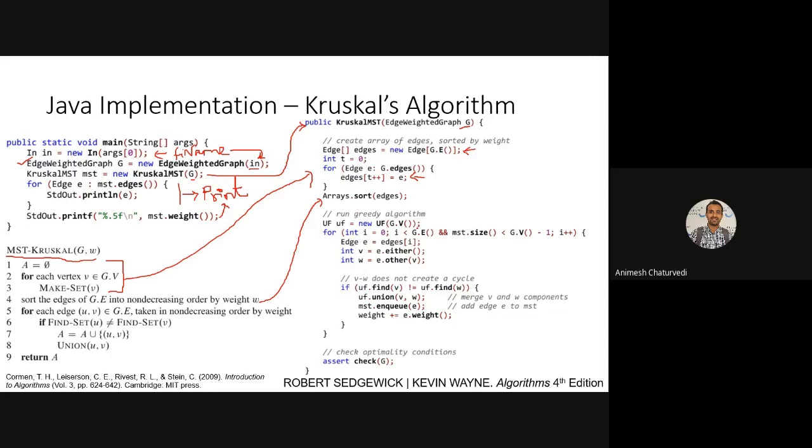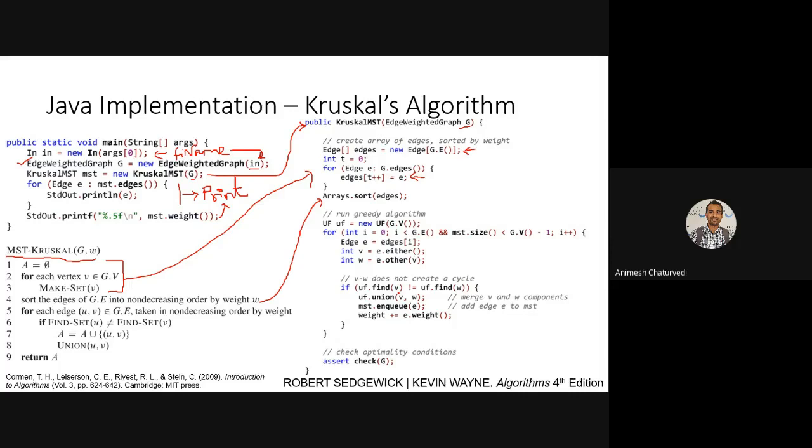Thereafter, it will run a union find data structure, as we had discussed that union and find are an important part. In the union you do the merging, but you merge only when you have found that these two nodes or vertices are not part of the same tree.